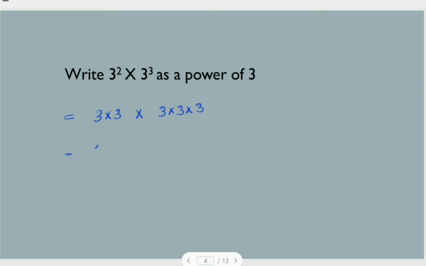So your value would be 3 to the power 5. Instead of doing that, you can apply the rule when the base is the same. Instead of multiplying, you can add the two numbers together and still get the same value.